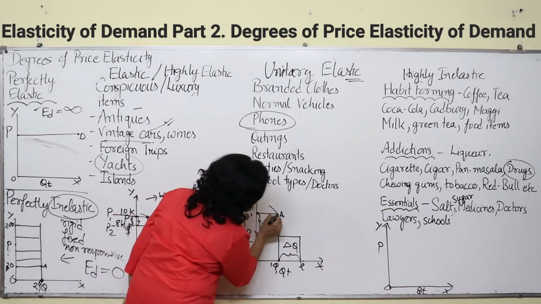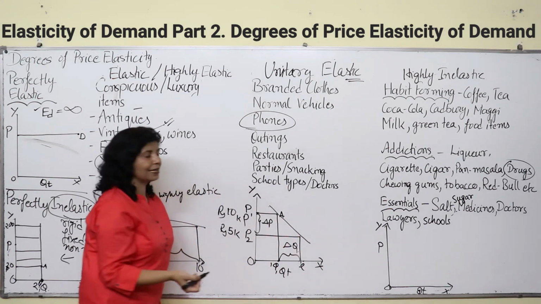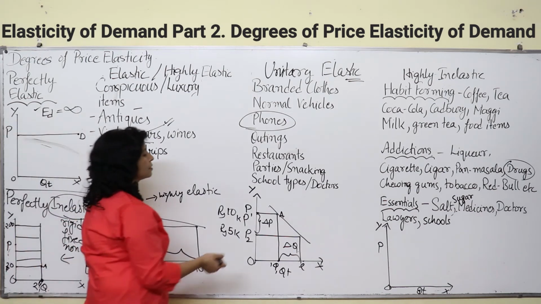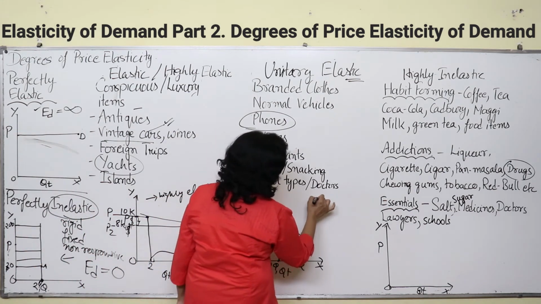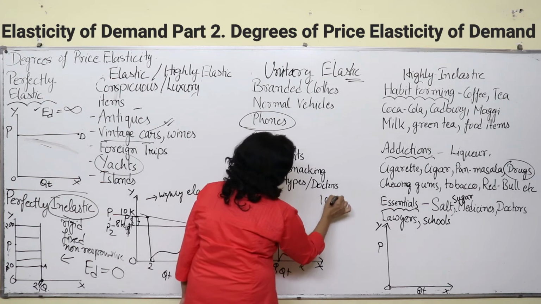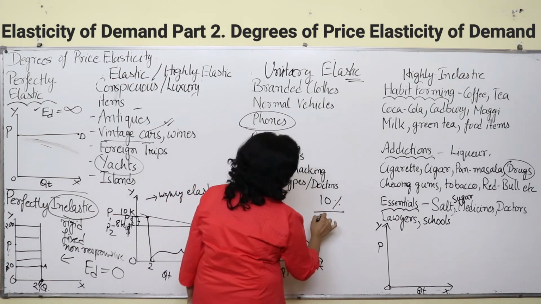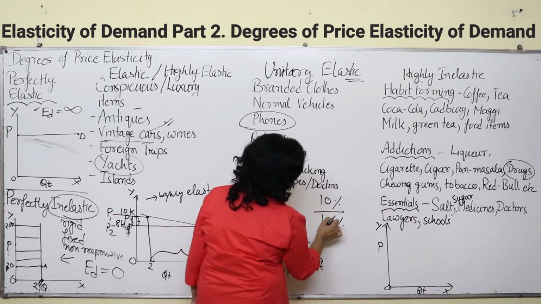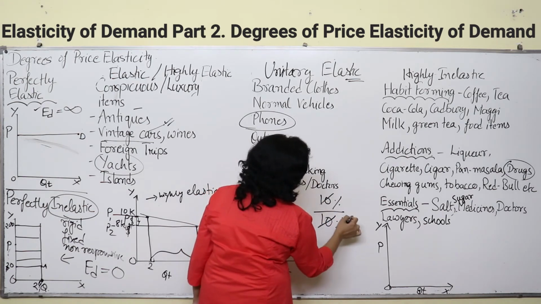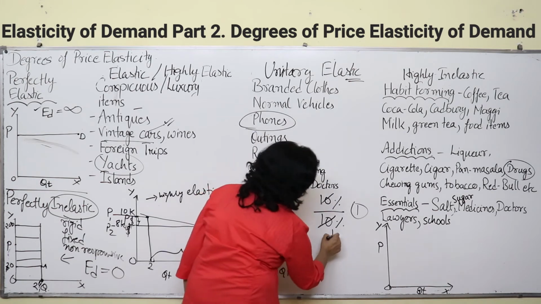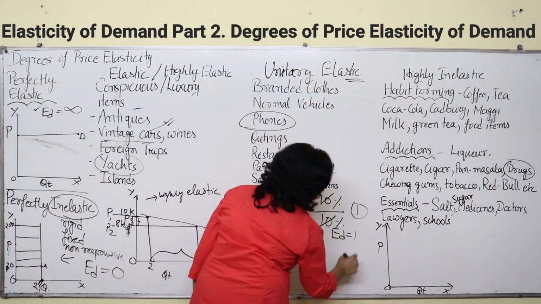For some commodities our price elasticity is unitary, that means it's equal to 1. That means if there is a 10% change in price, suppose, and a similar change in your quantity, the 10s cancel, and 1 is the elasticity. So here the elasticity of demand is equal to 1, right?